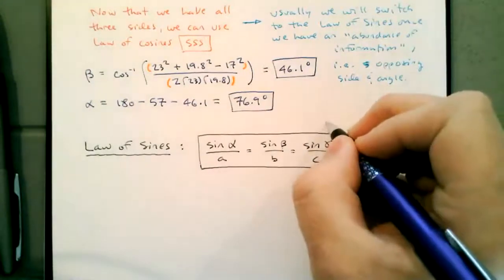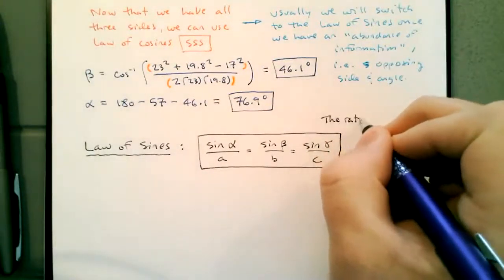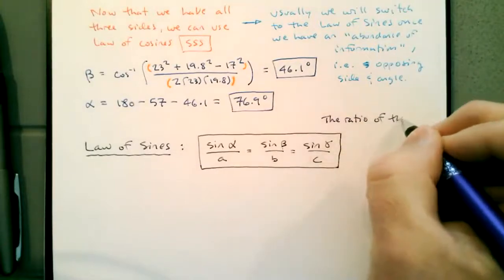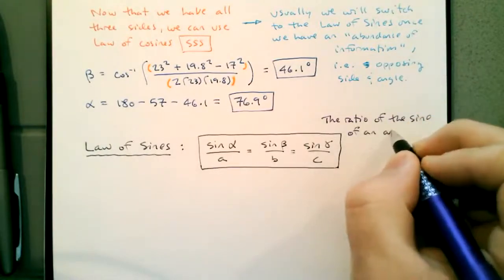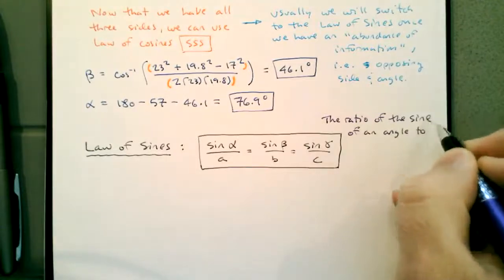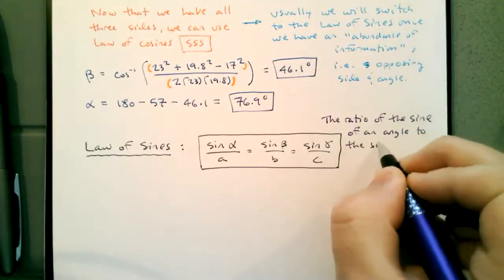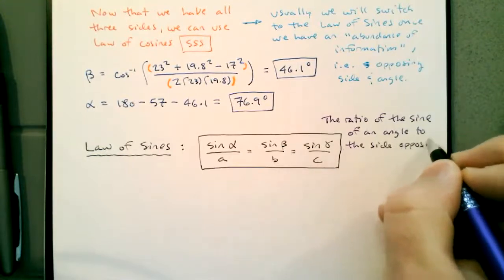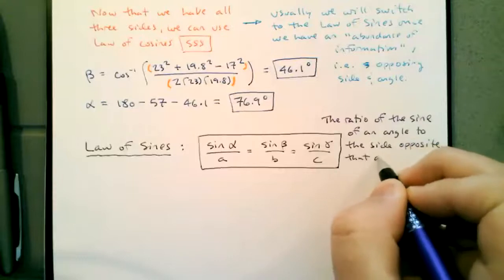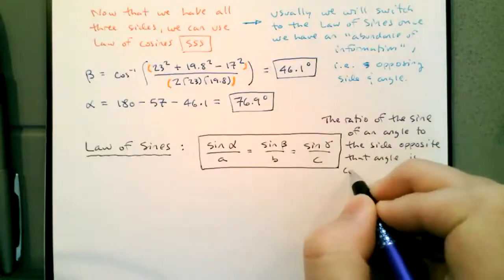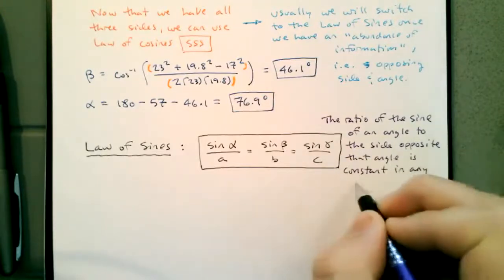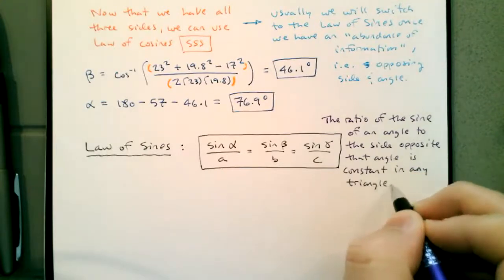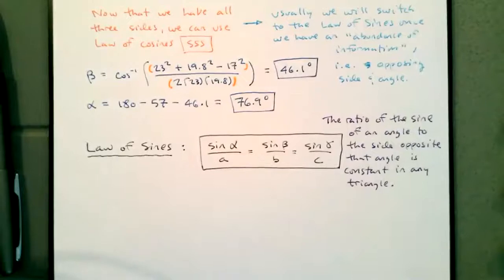The ratio of the sine of an angle to the side opposite that angle is constant in any triangle.